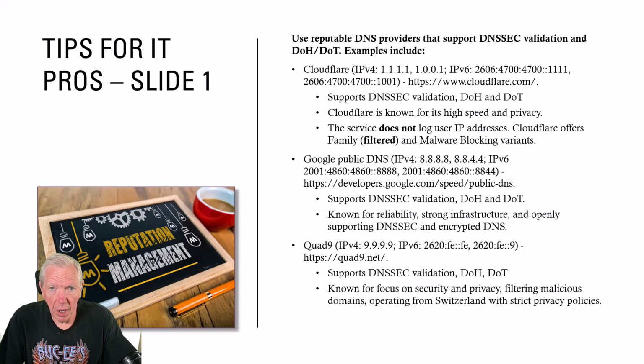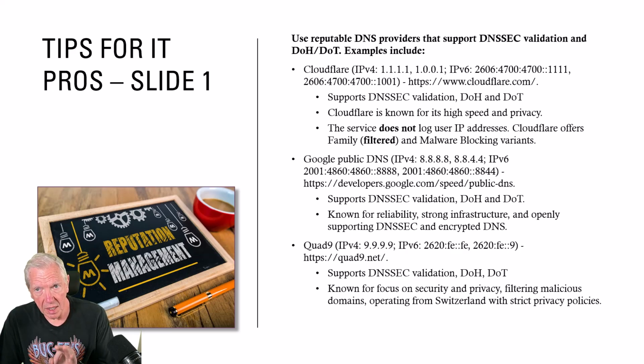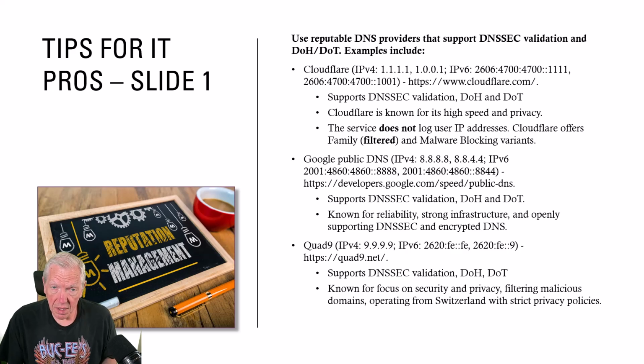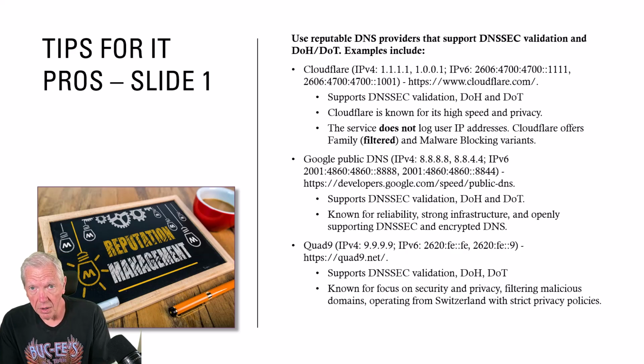Tips for IT pros. Use reputable DNS providers. I always did this. When you're setting up DNS, you can set up IP addresses that point to, first of all, your corporate DNS servers, but then second of all, you can point them to reputable DNS providers like Cloudflare. I put their address up here. Google Public DNS, I put their addresses up here. Note that they're both available in IPv4 and IPv6.